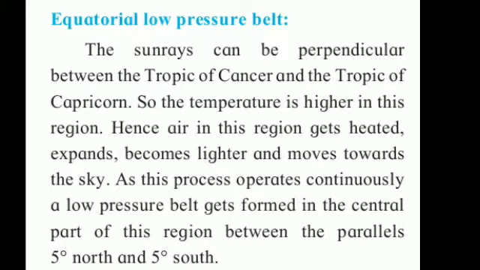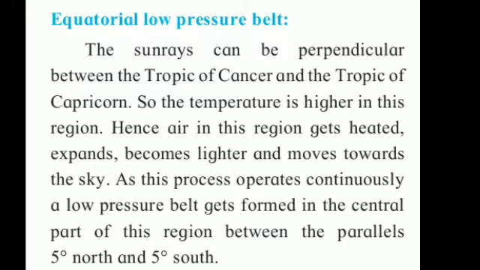So the temperature is higher in this region. Hence, air in this region gets heated, expands, becomes lighter and moves towards the sky. As this process operates continuously, a low pressure belt gets formed in the central part of this region, between the parallels 5 degrees north and 5 degrees south.